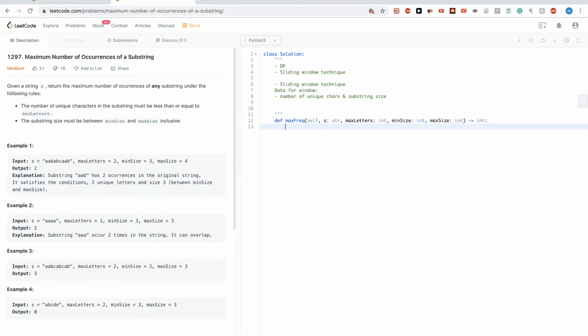So the windows would be, we would have a start for the window and an ending, right?